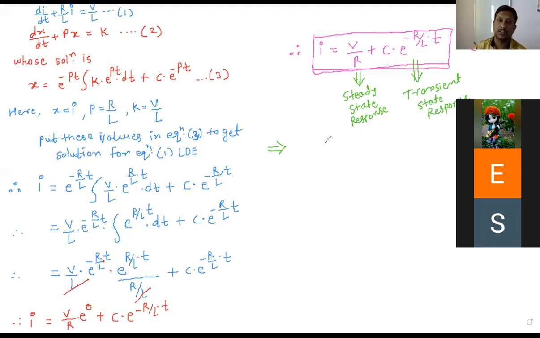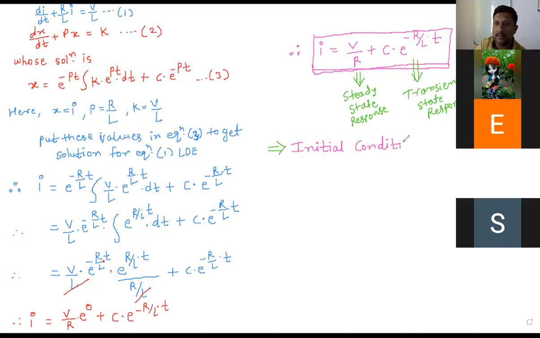Yes, very good. So we have to find out the arbitrary constant C. For that purpose, we have to use the initial condition, or final condition. Either of one we require. So initial condition is used to find out the value of arbitrary constant C.